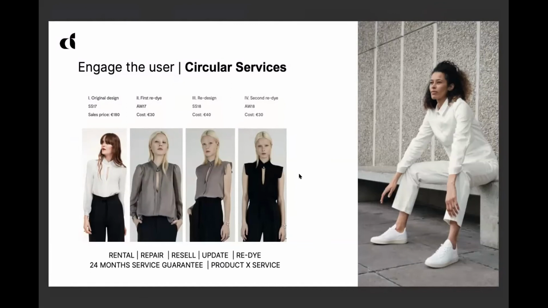We know, of course, rental and resell, etc. But very interesting services can also be created based on the product design. So really allowing to recut a product or to re-dye it if the customer wants to change it again. And on the other hand, the brand Sylvia offers a 24-month service guarantee where repair is included and different other things. And some learnings that we had here is that to really optimize the product design for the circular retail model or for the circular service is really key to make it successful.